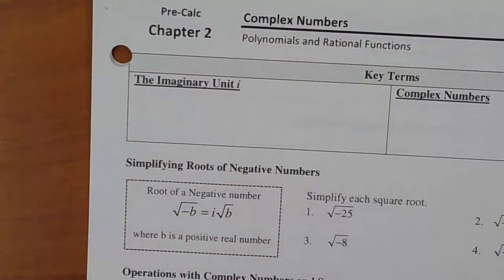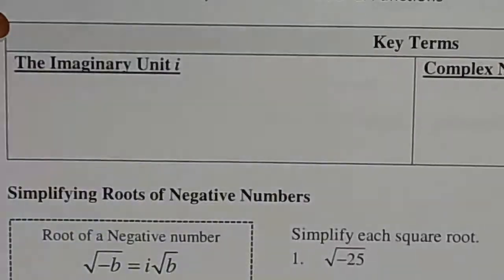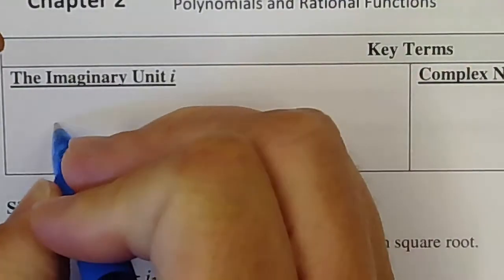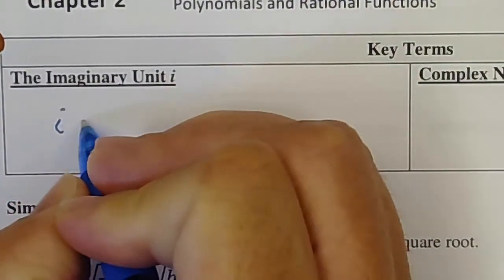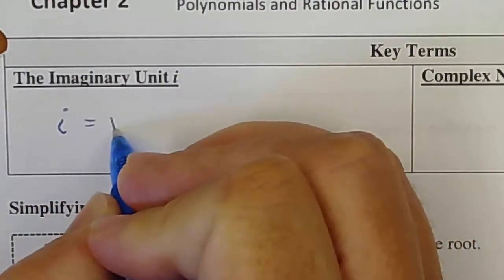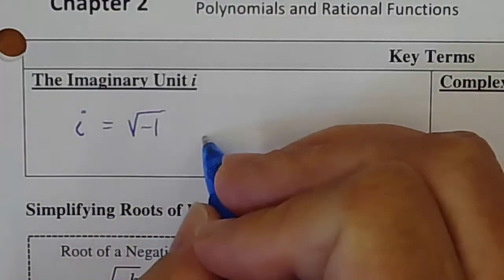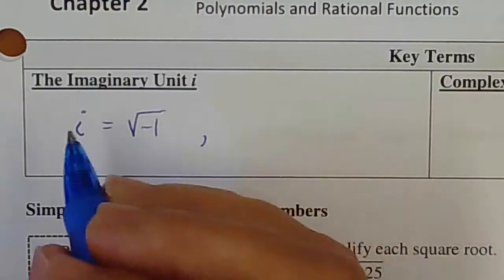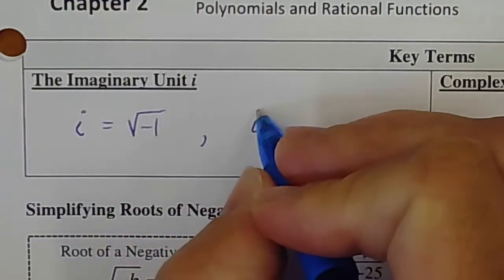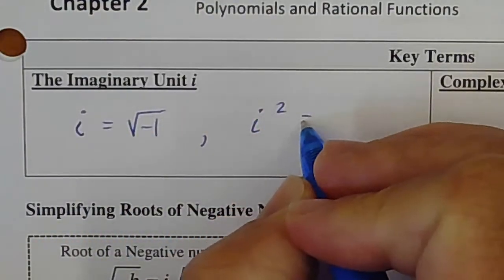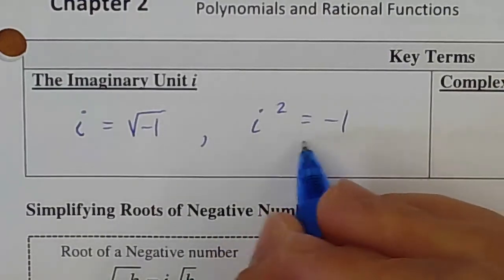Okay, so the imaginary unit, to help with that problem I talked about, is defined as this. We call it i, the imaginary unit. It's equal to the square root of negative 1. Okay, write that down. And if I square both sides of this, we can also say i squared is equal to negative 1. There'll be times where we want to substitute that in.